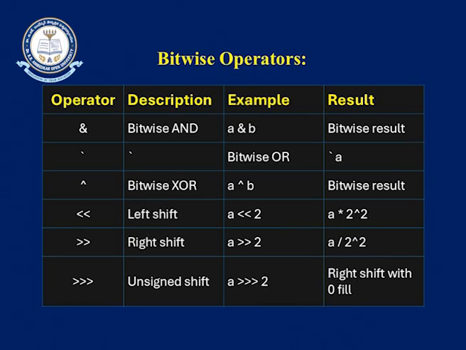As you can see in the table, the bitwise operators are bitwise AND, bitwise OR, bitwise XOR, left shift, right shift, and unsigned shift. As I said, these operators are applied on the binary bits of the data.